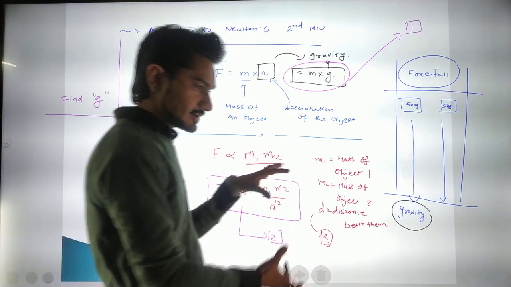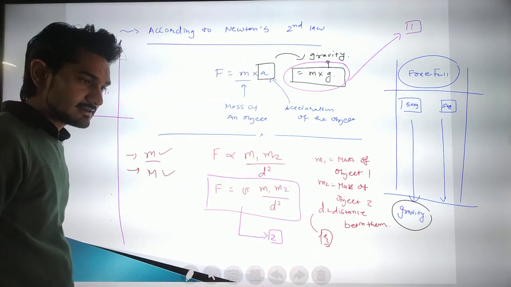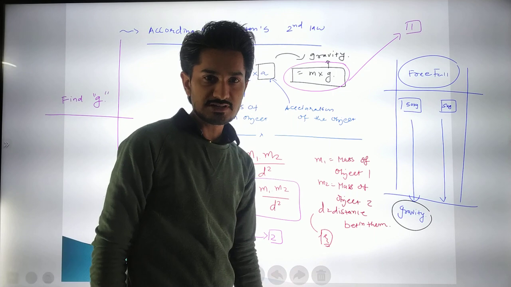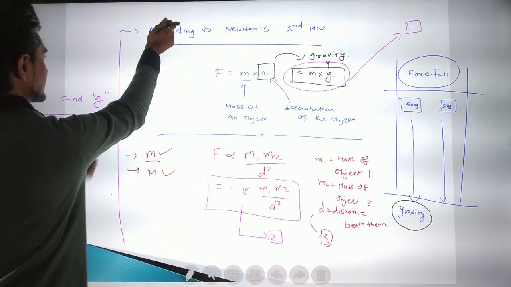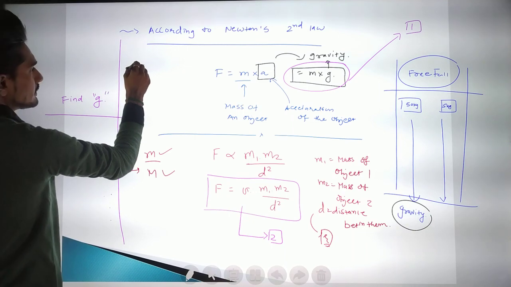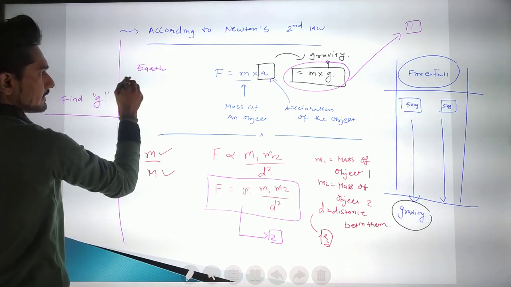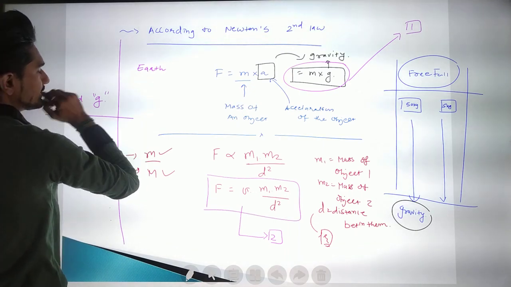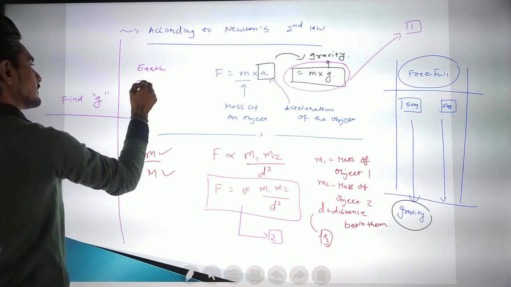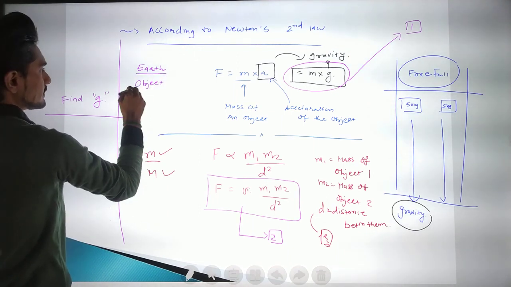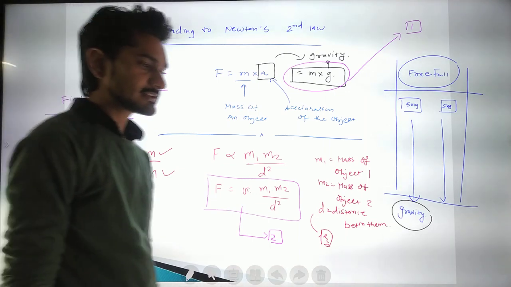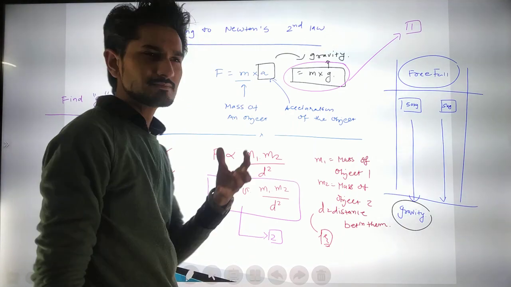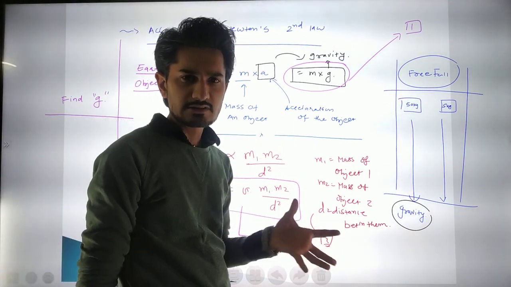But the comparison we are going to do is based on two objects. Whenever we are doing this, we have to take two objects. Of those two objects, one is the earth and the other, suppose, is an apple or a ball or whatever object we are going to assume.